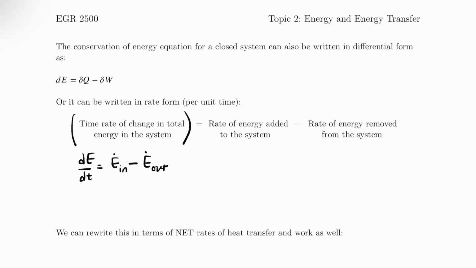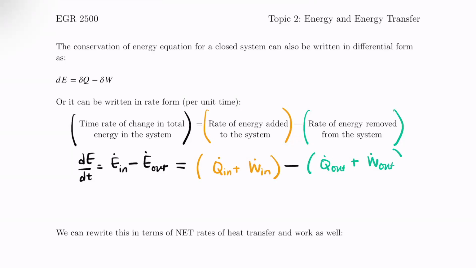And then we have the rate of energy added to the system minus the rate of energy removed from the system. Okay, so this right-hand side then is equal to Q dot in plus W dot in. So the dots over the letters still mean a derivative with respect to time. And then we have minus Q dot out plus W dot out. And as a reminder, this is for a closed system.